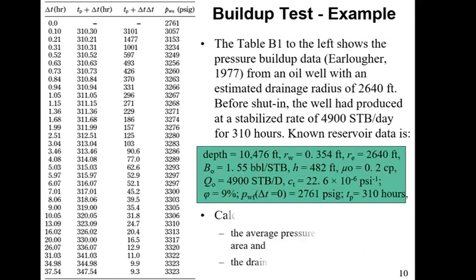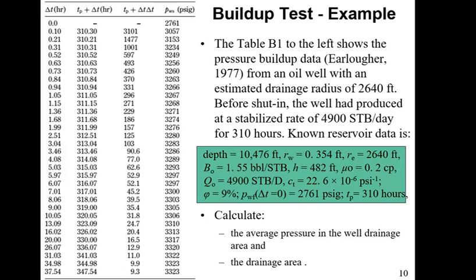I think it's best understood with an example. And this is an example which we've used in previous lectures. Table B1 to the left shows the pressure buildup data from an oil well with an estimated drainage radius of 2,640 feet. Before shut-in, the well had produced at a stabilized rate of 4,900 stock tank barrels per day for 310 hours.